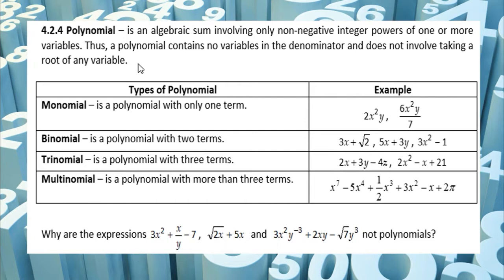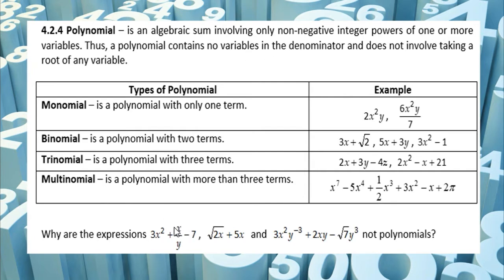Again, let's go back to the definition. A polynomial is an algebraic sum involving only non-negative integer powers. So, sa tulo, ang negative nga power is this one. So, dili na siya ma-consider as polynomial since naa siya negative nga power. Next, a polynomial contains no variables in the denominator.